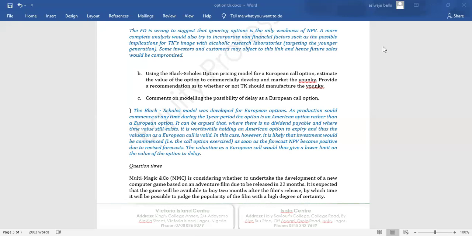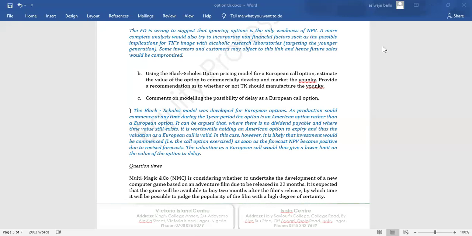Usually, the net present value is regarded as the superior investment appraisal technique. This method is used to evaluate the financial viability of a capital project.